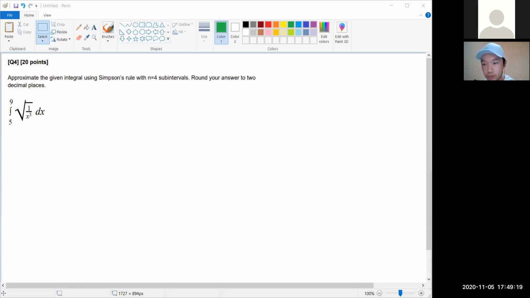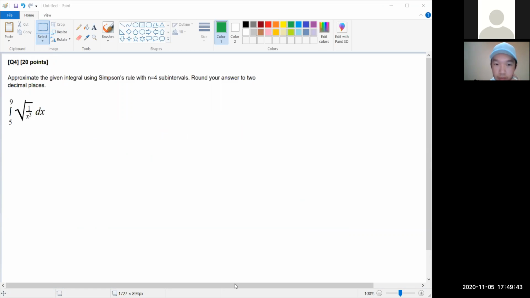For this one, you'll need to remember the Simpson's rule formula. Does anyone remember it? I'm going to pull it up while you guys try to see if you have it. Recall that Simpson's rule is a method of approximating the answer for an integral.